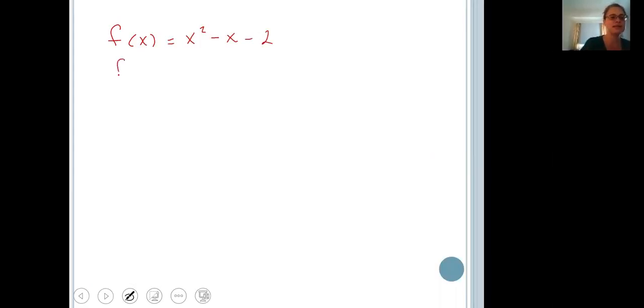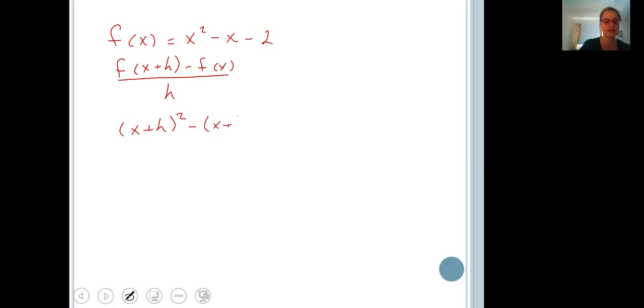And what I want to find is f of x plus h minus f of x all over h. So the first thing I need to do is find f of x plus h. So that means take x plus h and put that in everywhere we see x's. So that's going to be x plus h squared minus x plus h minus 2.